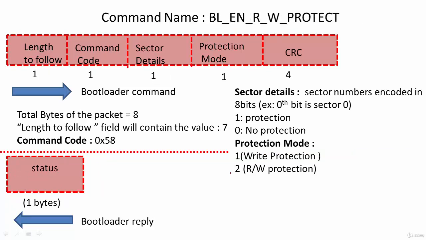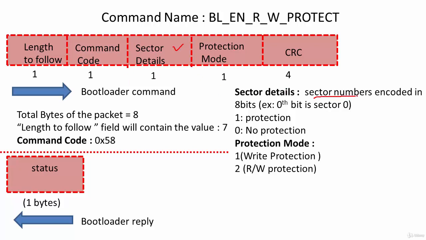So this is a very important command. This command is a very simple command, which is used to put read and write protection on different sectors of the flash memory. So here in this field, it's a 1 byte field. Here you have to mention the sector details, or you have to encode the sector details.